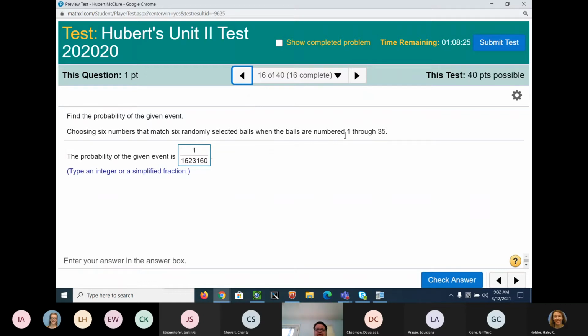There's not enough information there to put the 1 there. I don't see the word winning. I don't see the word lottery. It's just assuming that these students know that if you're doing 6 balls, 1 through 35, it's a lottery, and that you buy a ticket. That's a little bit too much coming from this question. Do y'all see what I'm saying now?